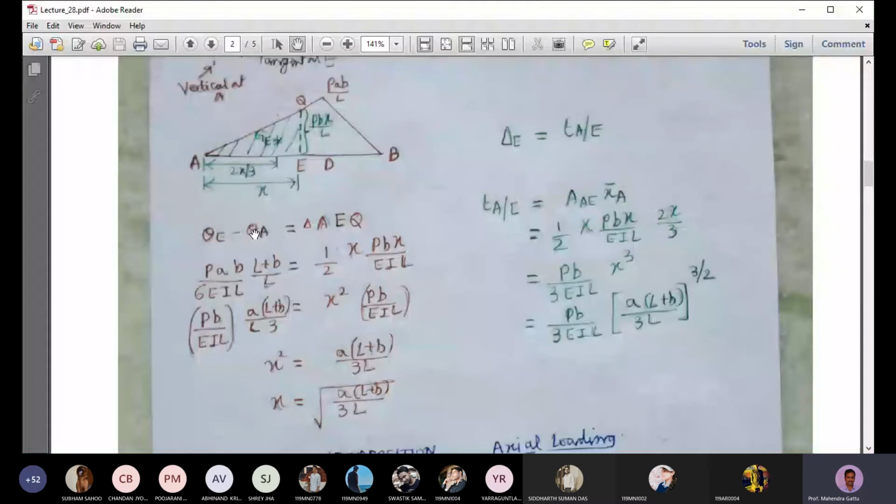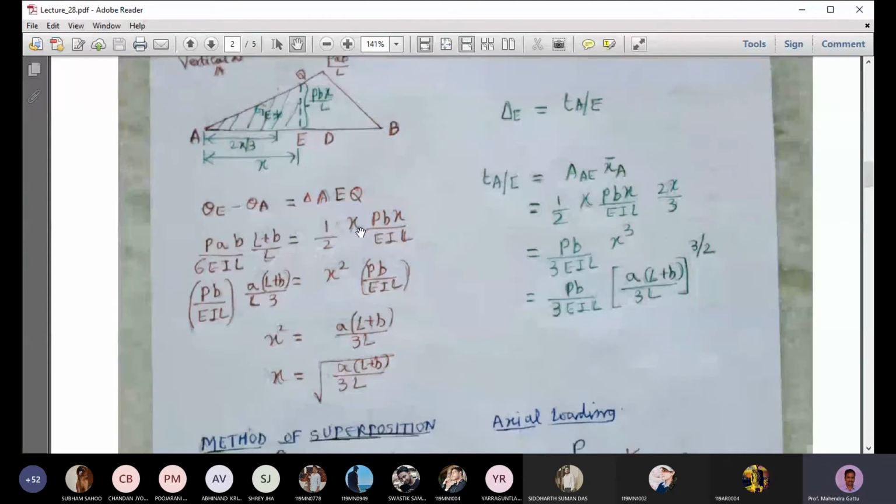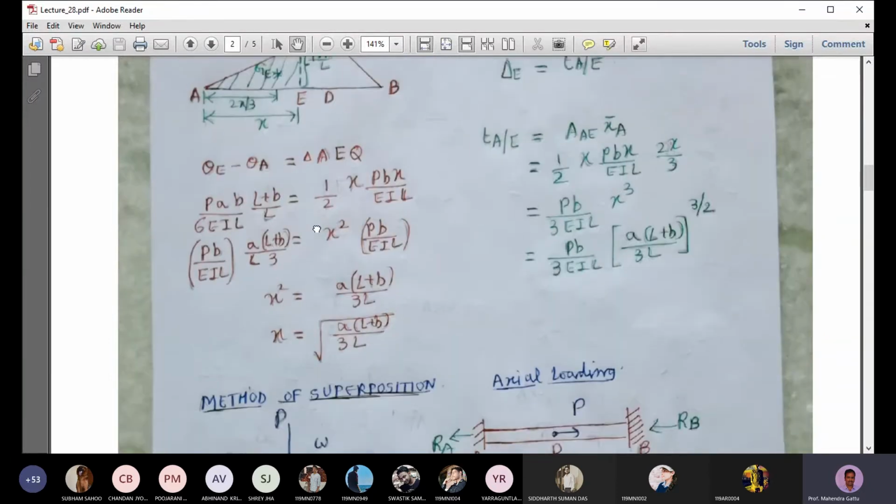The magnitude of theta A will be PAB by 6EIL into L plus B, and the area of AEQ is half base into height. The base is x and the height is PBx by EIL. We always have to work with the M by EI diagram, so we have to divide by EI. So we have this equation with unknown x.